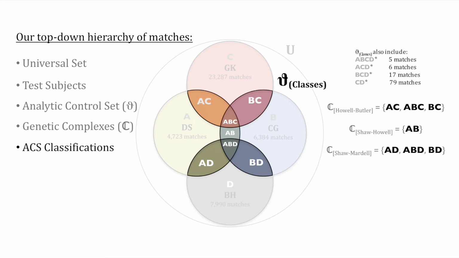This is reasonably profound in that individual ACS classifications allow us to effectively pull apart or stratify the large collection of member matches which compose a genetic complex. Since the matches in any genetic complex typically represent members who share a common ancestor with the most recent common ancestor couple, each analytic control set classification represents a facet or subcollection of the ancestors of that most recent common ancestor or couple.